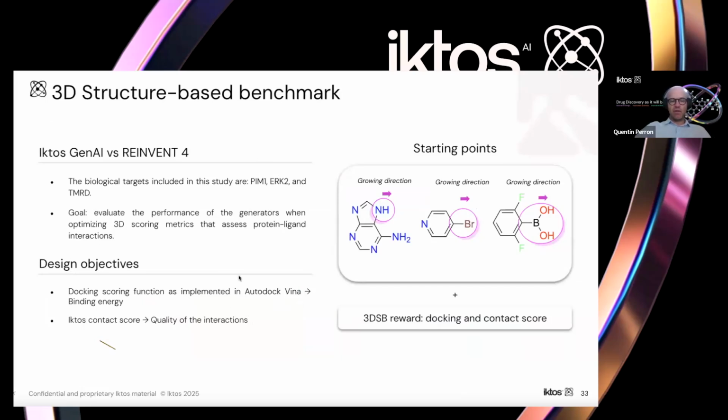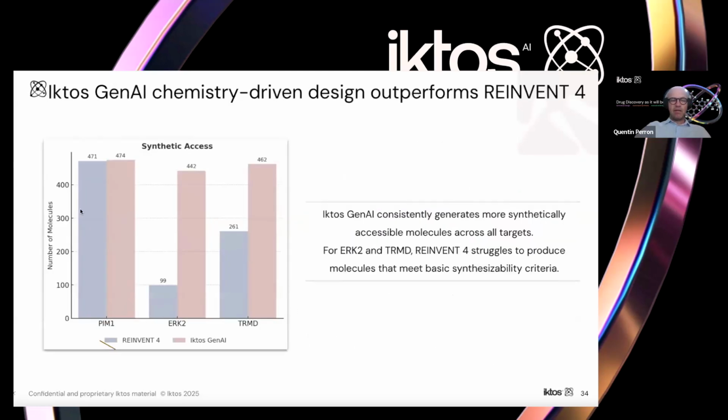Then we use AutoDock Vina to maximize binding energy, and also Iktos contact score, which is 3D interaction fingerprints, in order to be able to reward some amino acids you want to interact with. In those three examples, we start from fragments, and we decided to grow in certain directions of each of those fragments, maximizing 3D scores.